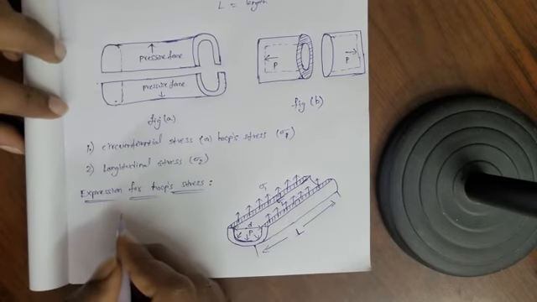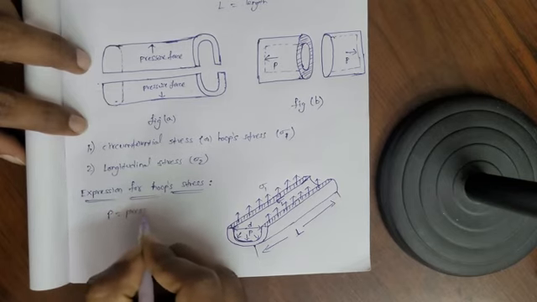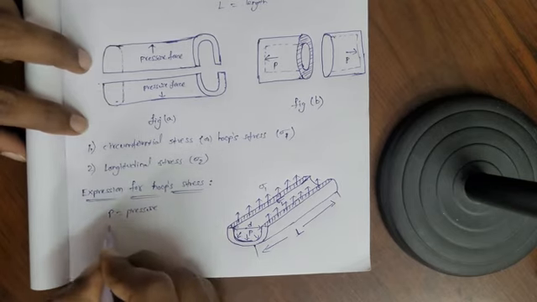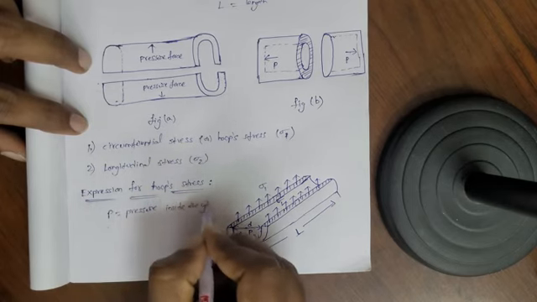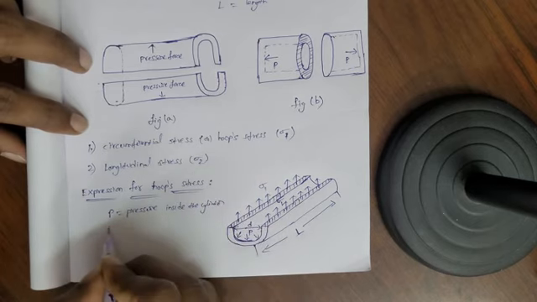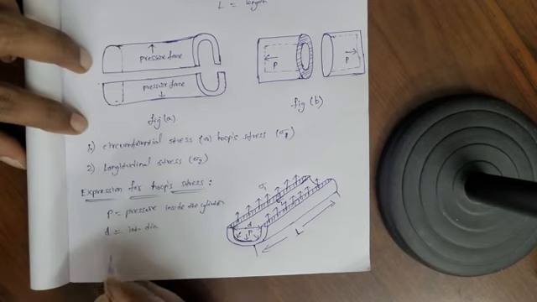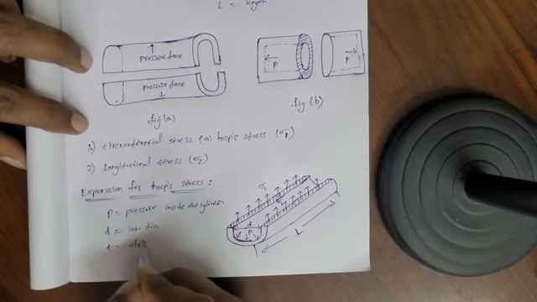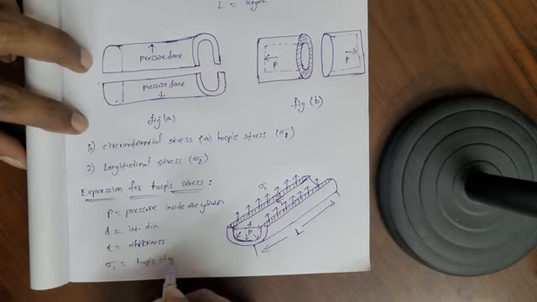Initially I am considering the pressure inside the cylinder as P, D is the internal diameter of the cylinder, T is the thickness of the cylinder, and sigma 1 is the circumferential stress or hoop stress.